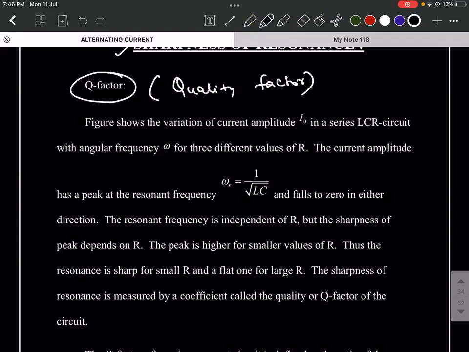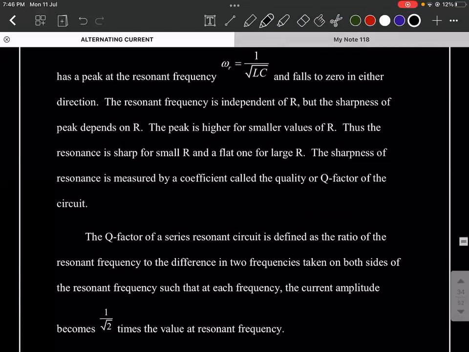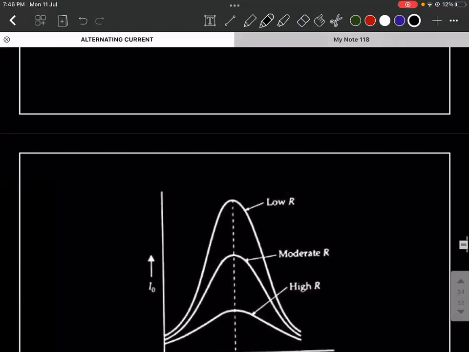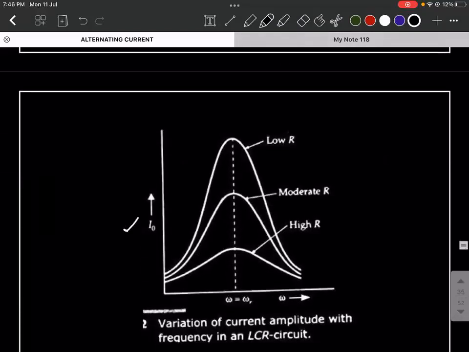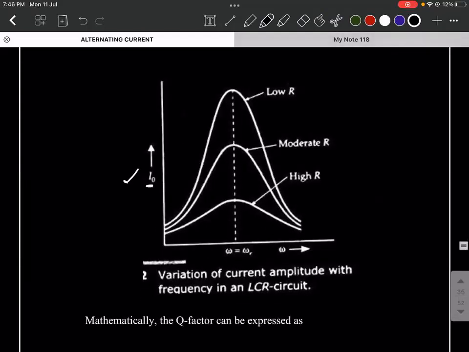If I draw a graph which shows the variation between current and angular frequency, which current? Current amplitude. So if I draw the variation of the amplitude of the current versus omega, what did we write? I naught is equal to E naught divided by root of R squared plus omega L minus 1 by omega C the whole squared.